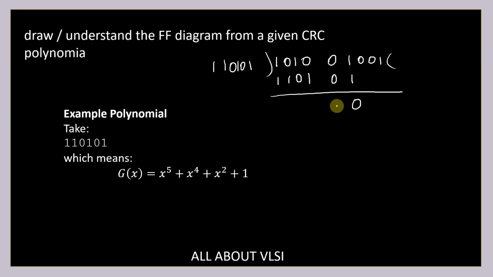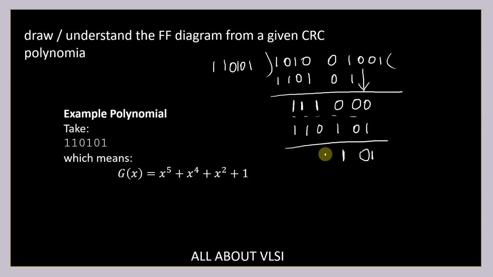1 XOR 1 is 0. 0 XOR 0, 0 XOR 1, 1 XOR 1, 0 XOR 0, we are going to get 1, 2, 3, 4, 5, and we need to take one more 0 over here. Now again, if we perform the XOR operation with 110101, what do I get? 0 XOR 1 is 1, 0 XOR 1 is 1, 1 XOR 0 is 1, and 0 followed by 0.